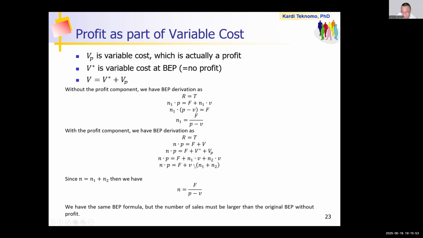See, N is equal to N1 plus N2. N1 is coming from the PEP with no profit. N2 is coming from the profit that you set here. That's the meaning. Is this answering your question? Yes, sir. Thank you, sir.